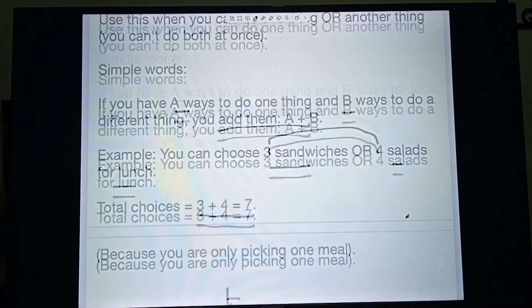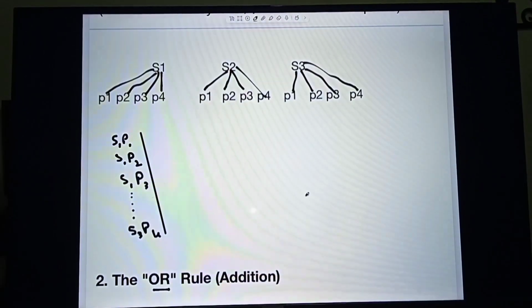Okay, now in the multiplication rule you see that we move through multiple stages.